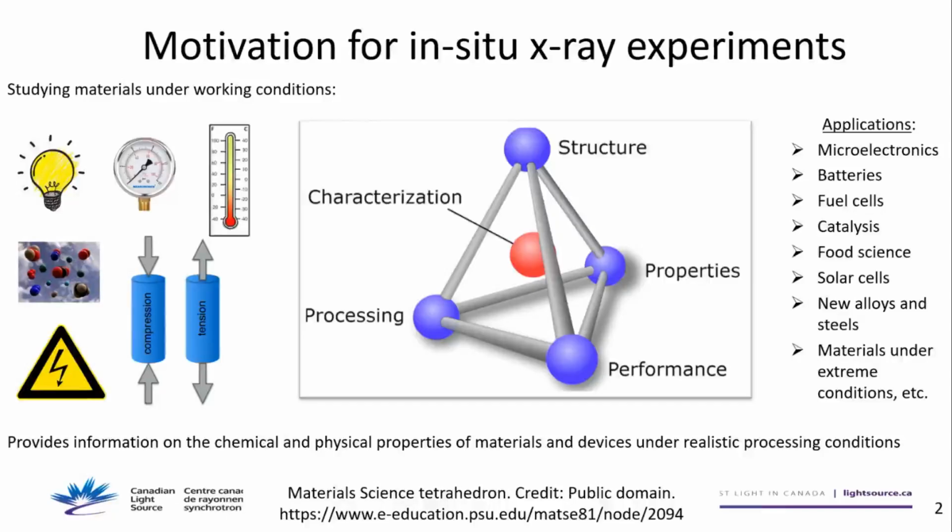And you change one and you're likely to change the others. So we're going to do our characterization and learn about the structure, which is done with X-rays, which is about the most important thing that you want to know about a material. And this has many applications in several fields that are very trendy recently, which we're very proud to help our users in.